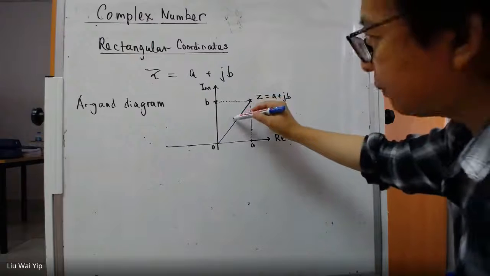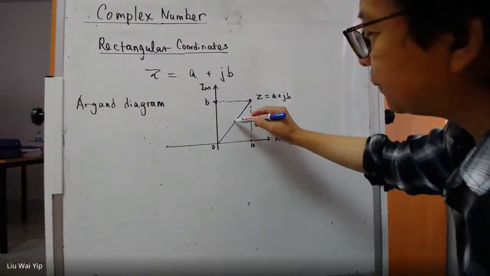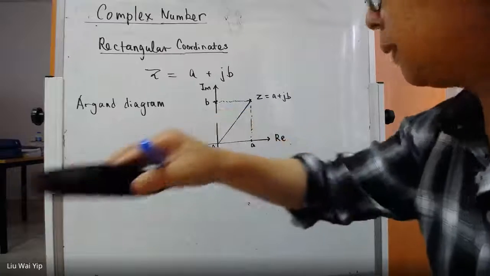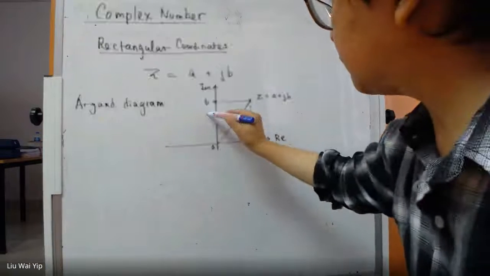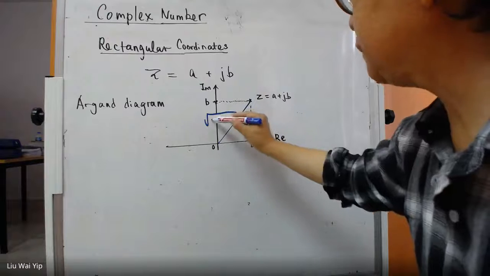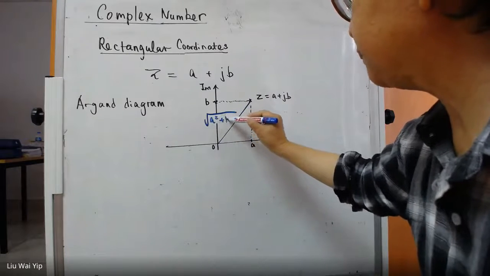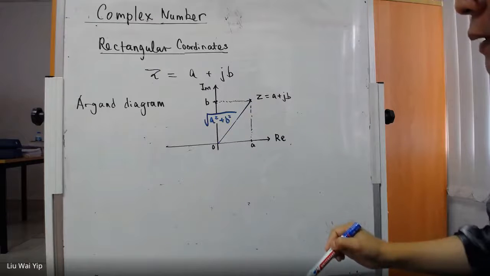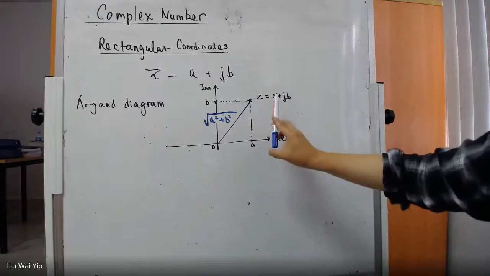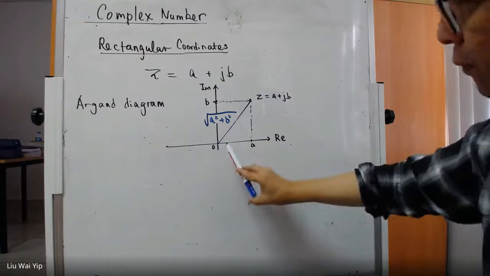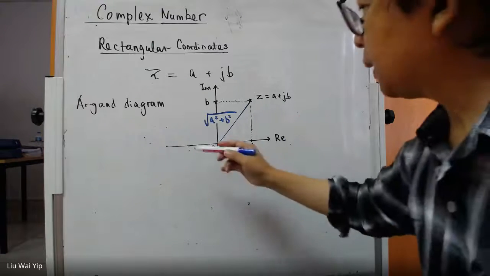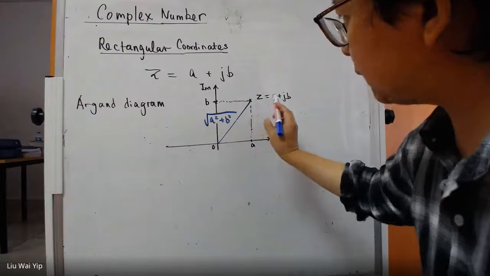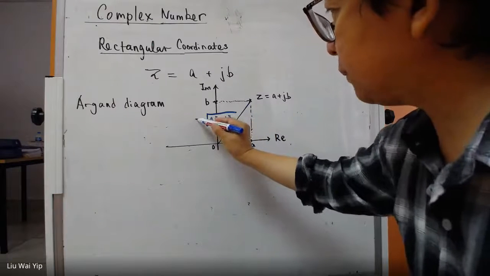The length of the hypotenuse here is the square root of A squared plus B squared, because the length here is A and the length up here is B. The length of the hypotenuse is usually called the absolute value of Z, or the magnitude of Z.